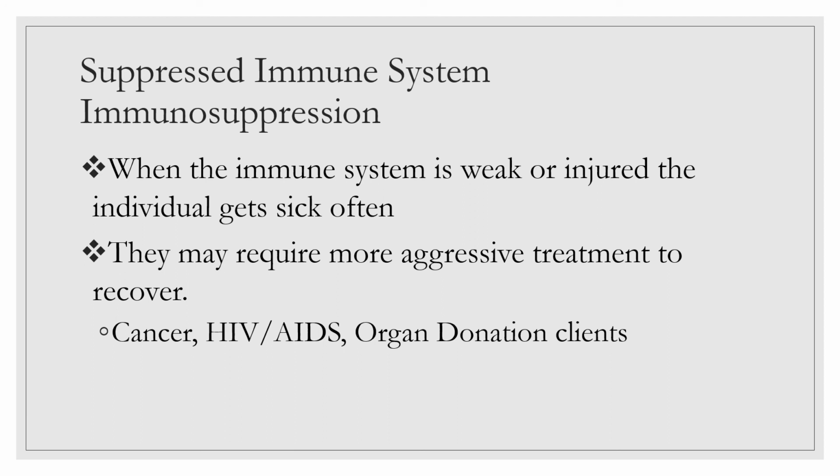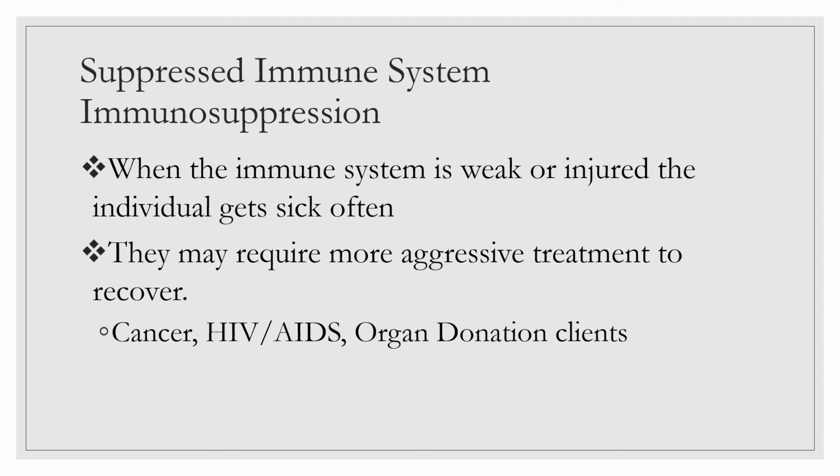HIV and AIDS, certainly those patients are immunosuppressed because this definitely impacts the immune system. Also, the treatment for it is antivirals. So anybody on antivirals is immunosuppressed because it's suppressing the immune system.